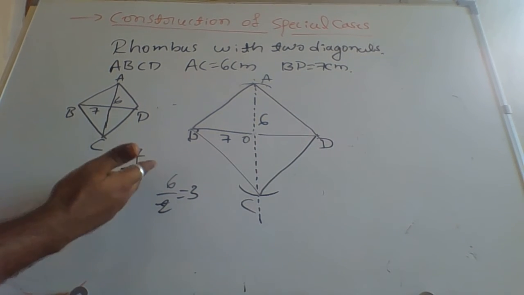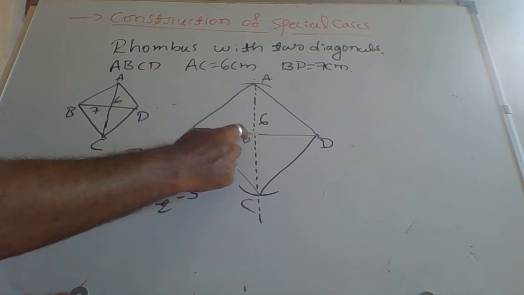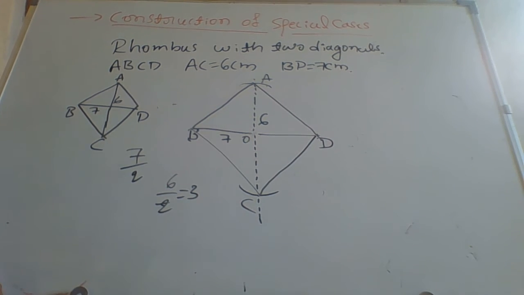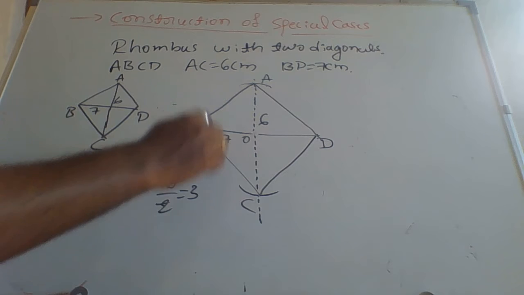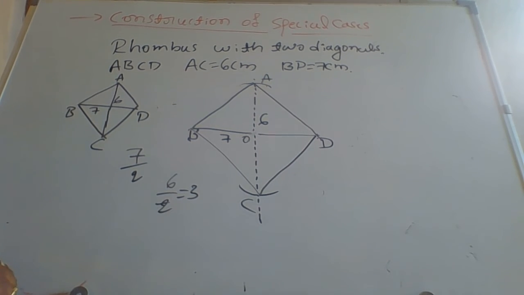I name it O. From this midpoint I draw a perpendicular straight line, because in a rhombus the diagonals are perpendicular to each other.